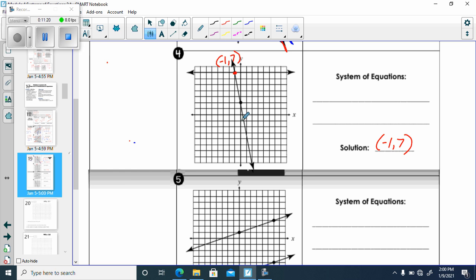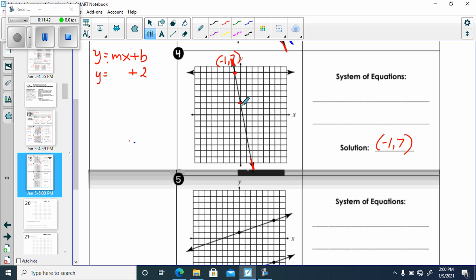Now, let's find the system of equations. If this is my red line, let's find its linear equation. y is equal to mx plus b. Where's my b? My b's right here, isn't it? Let's see, that's at 2 on the y-axis. My m is my slope.